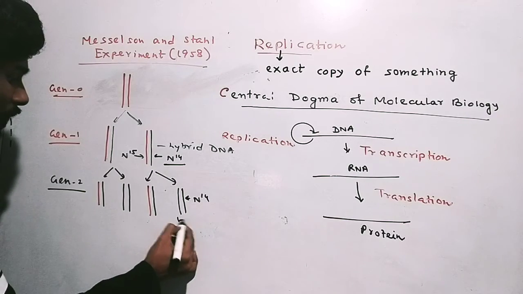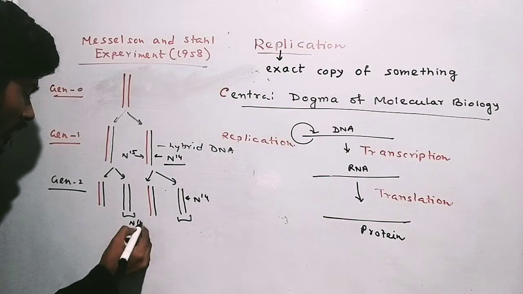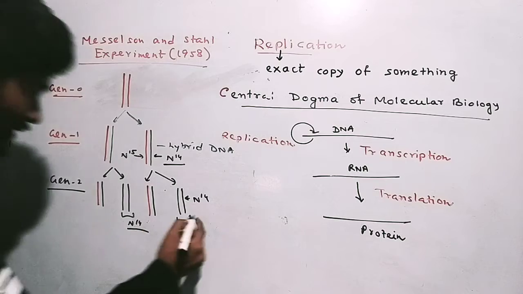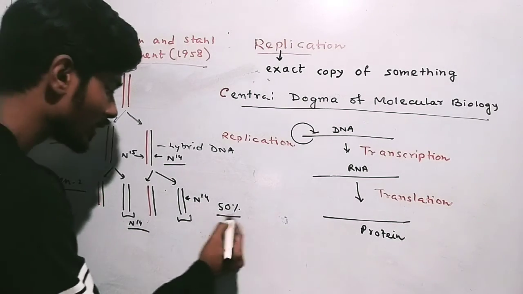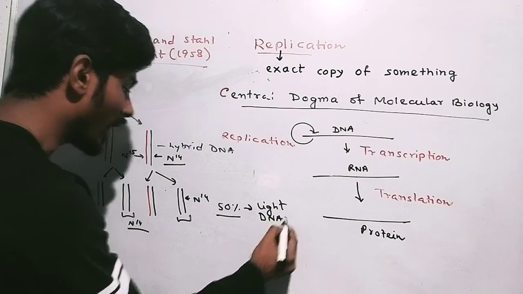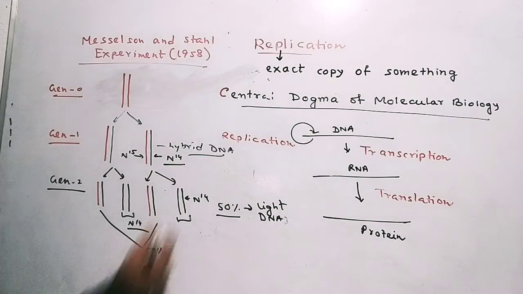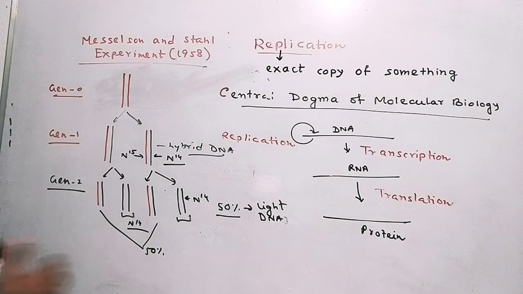So this is an N14 containing strand, this is also an N14 containing strand, or DNA. But here you can see that this is the hybrid form of DNA. So you can basically say that 50% of the DNA molecules are purely light DNA, and 50% of them are hybrid DNA molecules, seen as a mixture in the centrifugation tube.